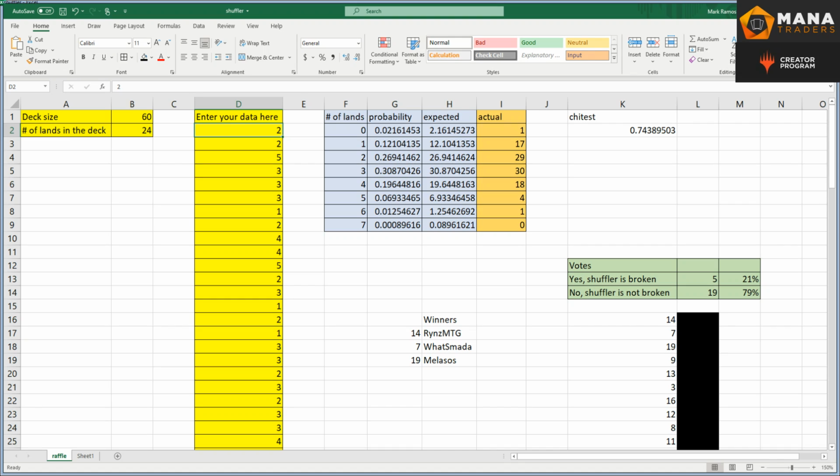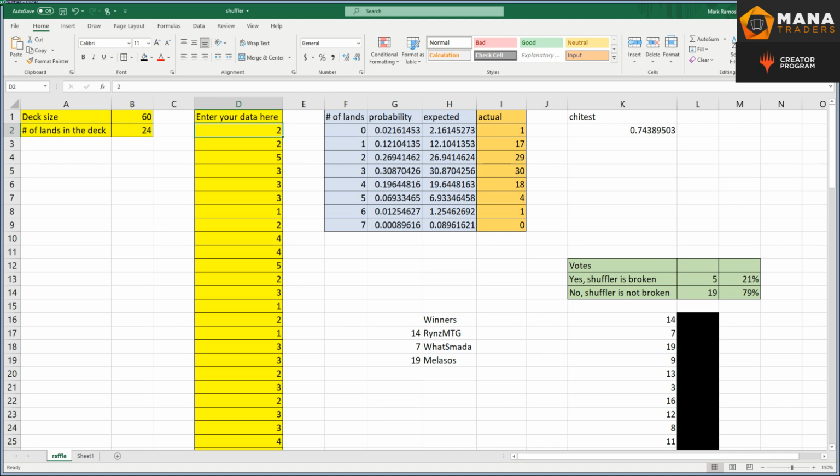Okay, so I will be offering this as an event for other content creators who may be interested in trying this out for themselves, to see if we change the deck size and the lands, will the distribution still be what we expect.